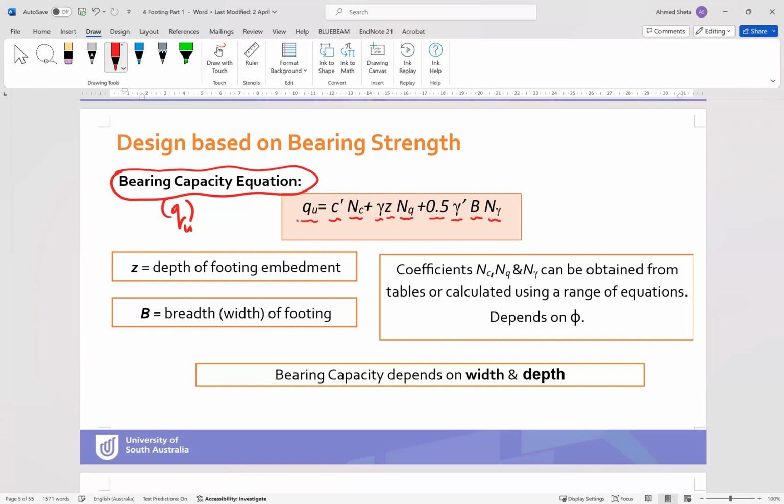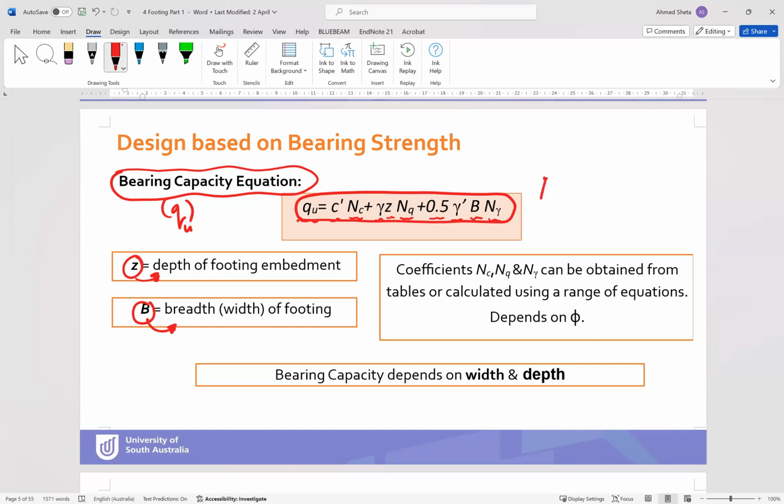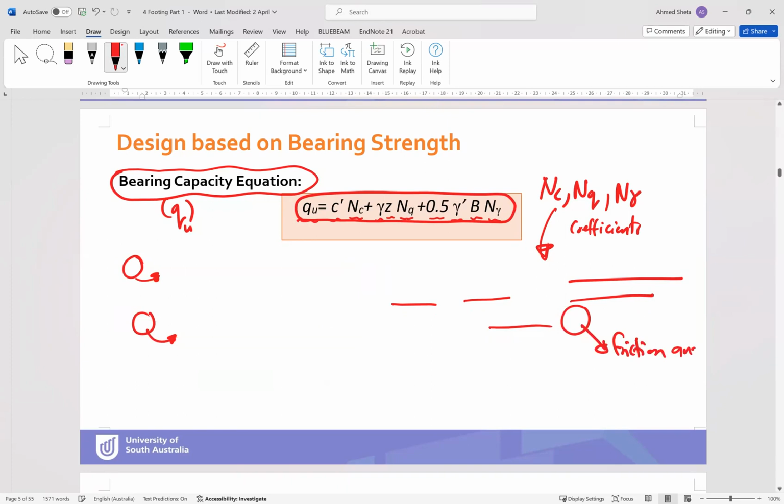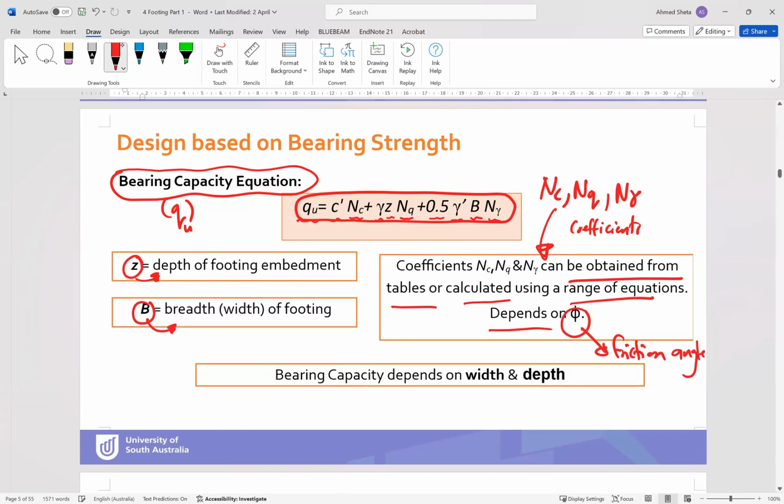So this is our formula for ultimate bearing capacity, where Z is the depth of footing embedment, B is the breadth or width of the footing, and NC, NQ, and N gamma are coefficients that can be obtained from tables or calculated using a range of equations depending on phi, which is the friction angle.